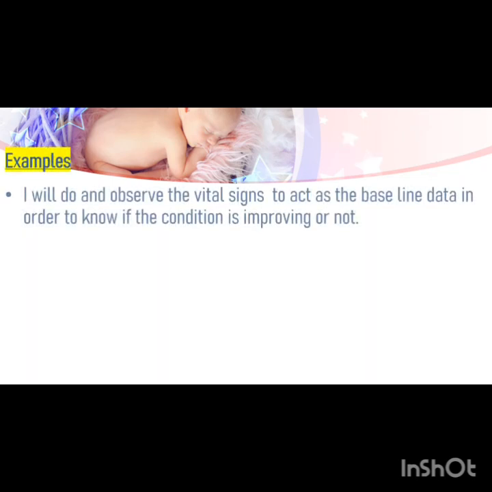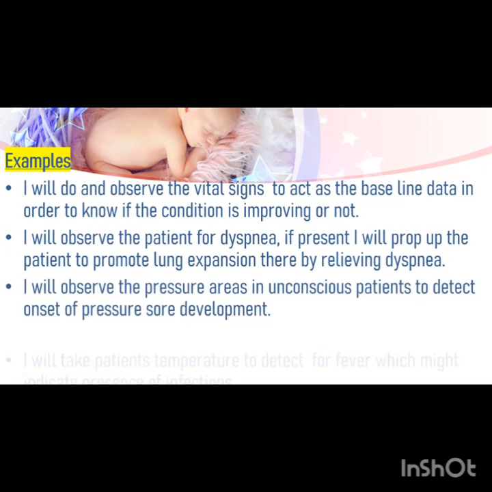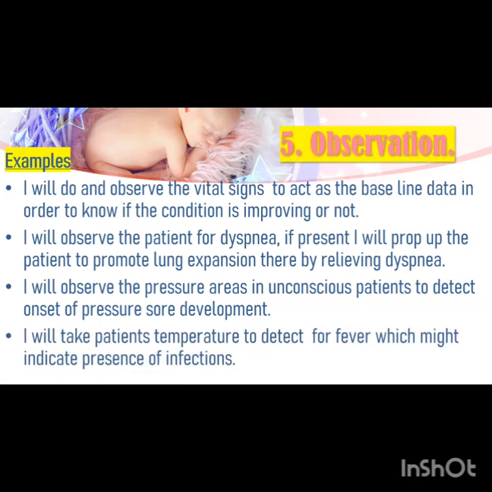Okay, now to our fifth part of our nursing care, that is observation. So under this, one of the points is I will do and observe vital signs to act as baseline data in order to know if the condition is improving or not. Now, you know that vital signs are things like temperature, pulse, respirations, and all that.